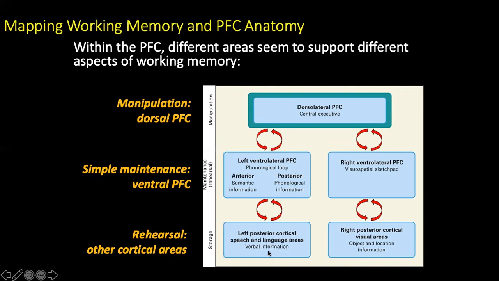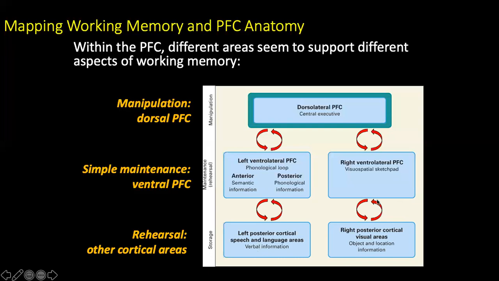But in general, you can think of these posterior language areas as involved in rehearsing information. And for visual spatial information, it's similar, but just right hemisphere visual areas in the temporal, occipital, and parietal lobes. Information involved with recognizing objects, spatial locations in our environment, right, that we would need to maintain information in our visual spatial sketchpad.